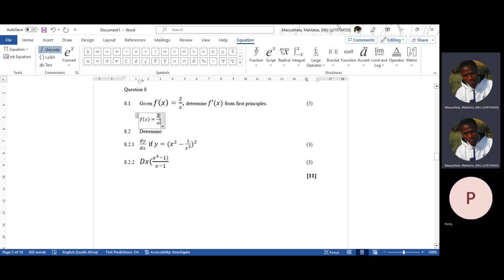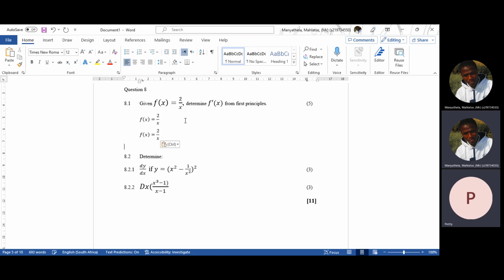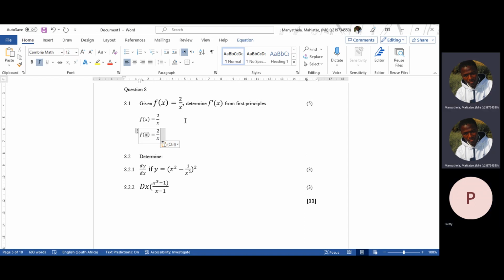In determining f of x plus h, where we see x, we're going to replace by x plus h. So f of x plus h will be equal to 2 over x plus h.